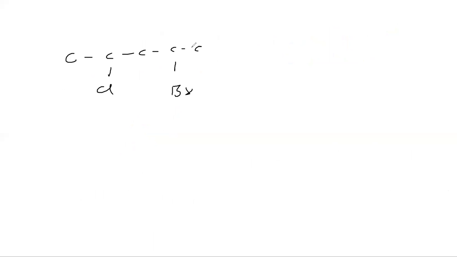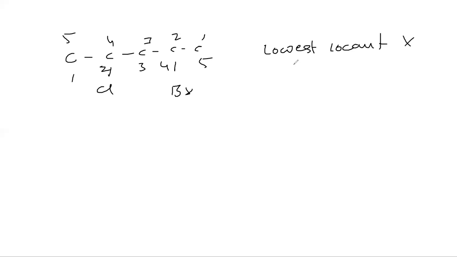According to your lowest locant rule, suppose you give the numbering 1, 2, 3, 4, 5 from this side, in this case our lowest locant rule does not work. Lowest locant rule cannot be applied here. Why can we not apply it? If you give the numbering from both sides, you are getting the lowest number at second position only. So in such cases, you have to follow the alphabetical order.